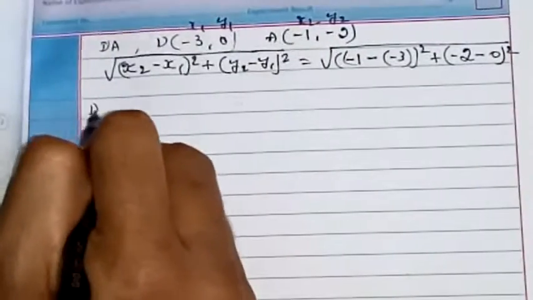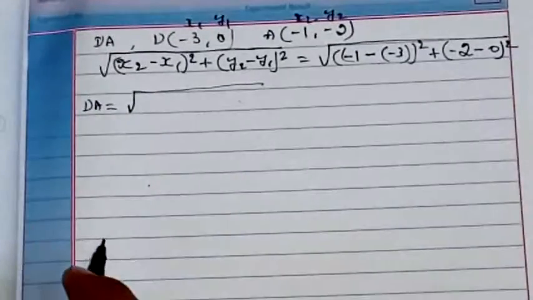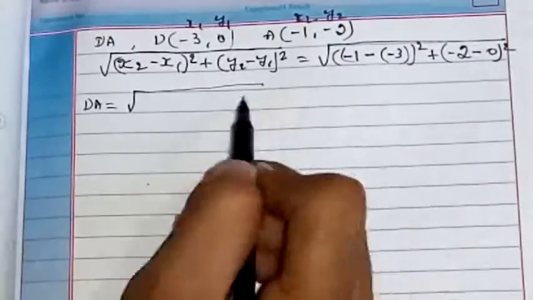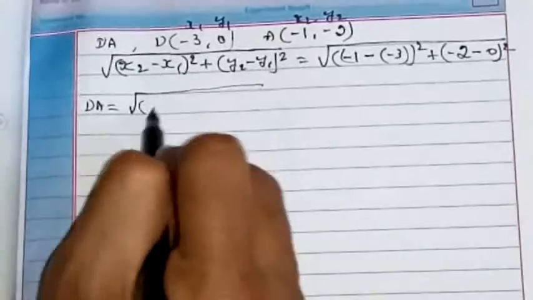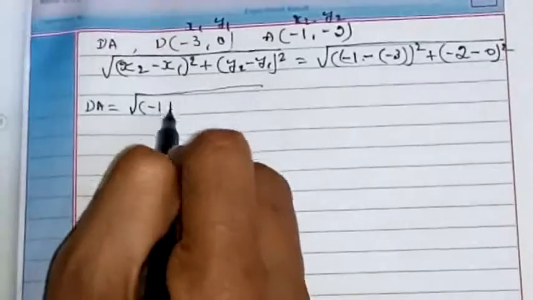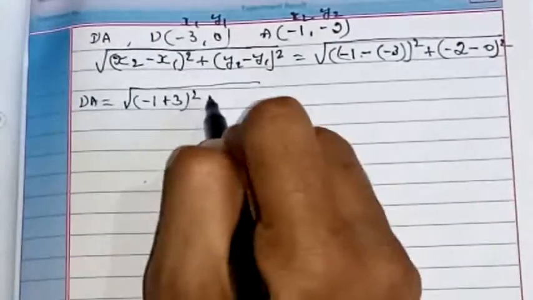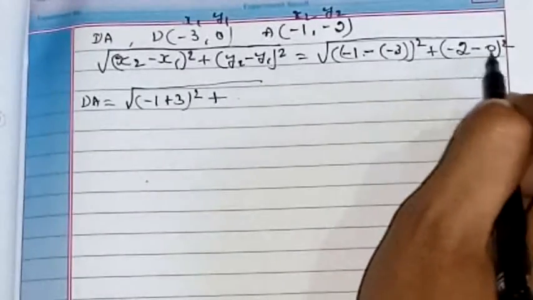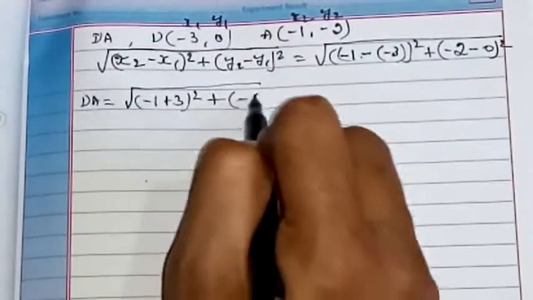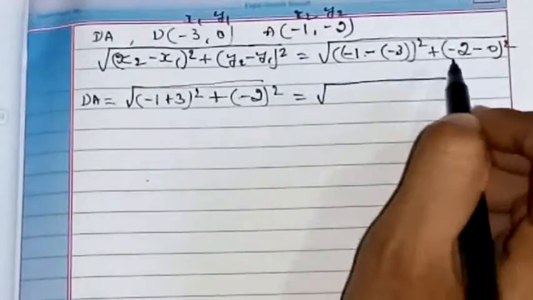So therefore, DA equals the square root of. So now you need to open the bracket. So therefore, write down minus 1 as it is. Minus into minus is plus 3 whole square. So therefore, plus, minus 2 minus 0 is nothing but minus 2 square. So that equals the square root of.